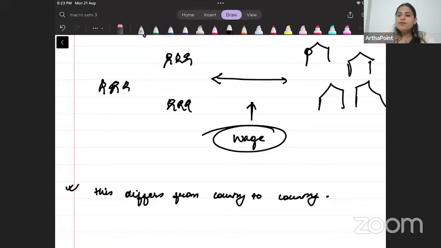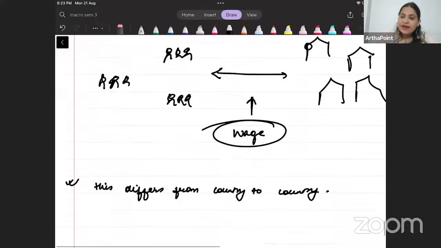Just for example, let's say that the job of distributing a newspaper, or the job of collecting money in McDonald's, right? These jobs are very different from the job of a CEO. The job of a CEO is very difficult, right? His skills will be very difficult. He has to do many degrees. He has to take a lot of experience before he can reach that level.